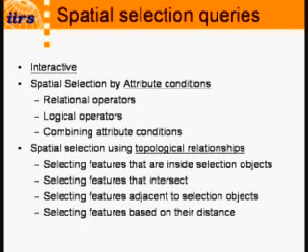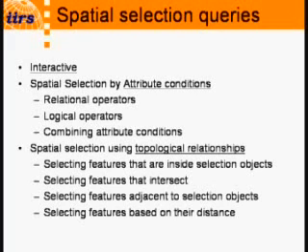So there are around 8 to 9 relationships which you can use for spatial selection. Now here you can have two types of data sets. You can apply a topological relationship and you can generate the records.